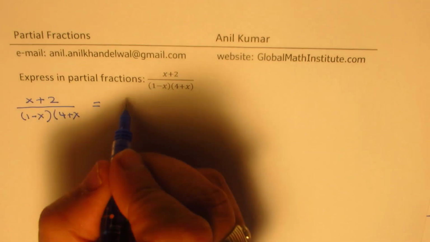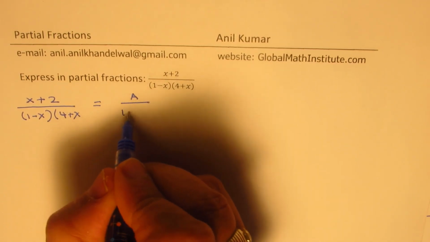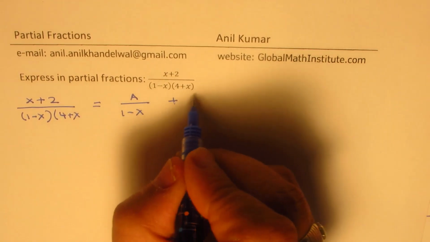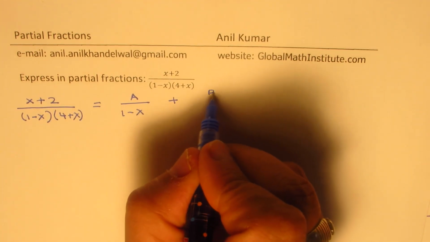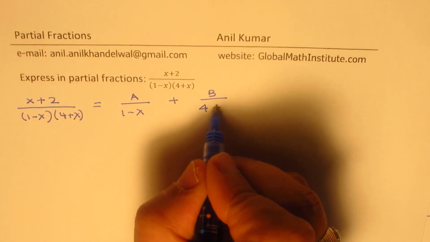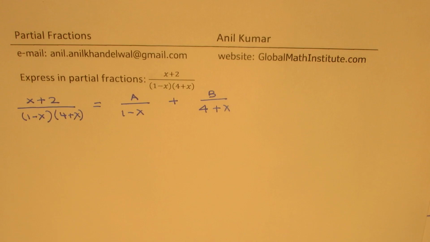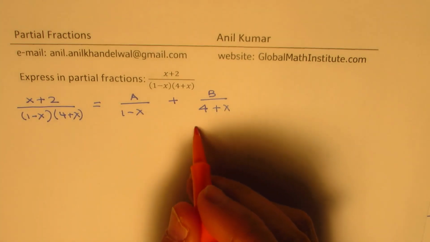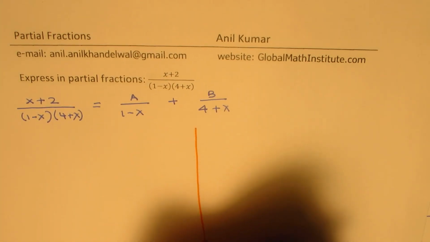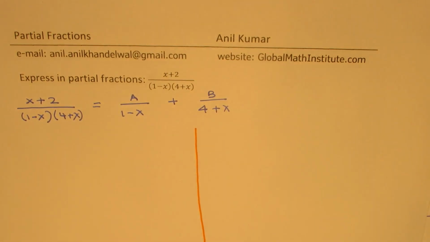Now this can be written as a over 1 minus x plus b over 4 plus x. Now we can have two different strategies to solve such questions, right? Rather, any of such questions which we have been discussing. So in this part, we'll discuss both these strategies.